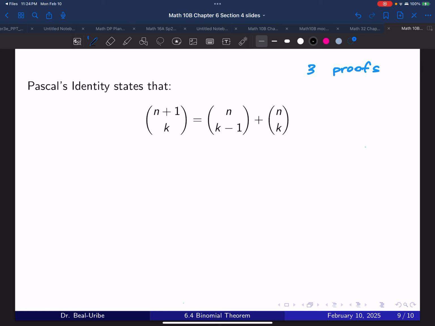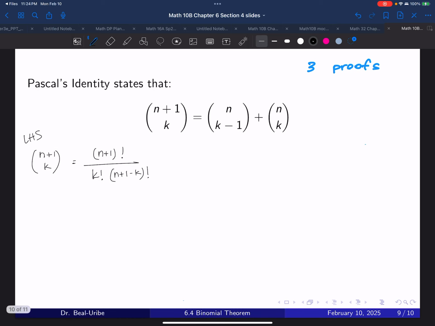So now the left-hand side, n plus 1 choose k, is going to be n plus 1 factorial over k factorial times n plus 1 minus k factorial. So that's my left-hand side. And now what about my right-hand side? Well, the right-hand side is n choose k minus 1 plus n choose k.